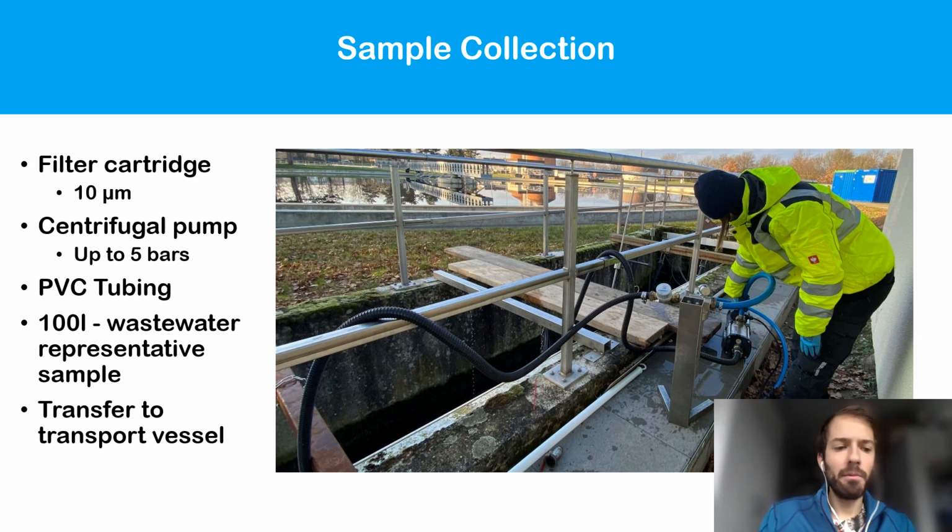For wastewater, 100 liters of water are enough for a representative sample, which we could take without any problem, so no clogging occurred. After taking the sample, we transfer it to a glass vessel to transport it to the laboratory and store it until we measure it.